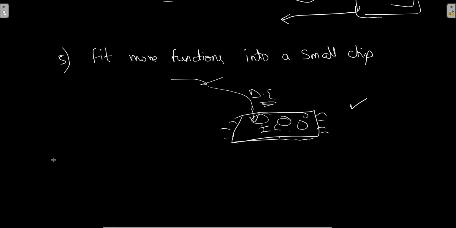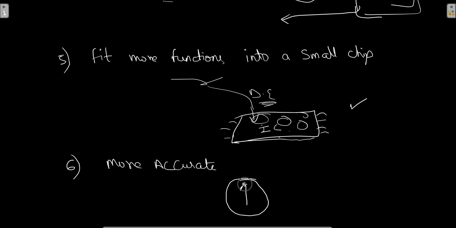And finally, these digital circuits are more accurate. Example: a voltmeter is there.